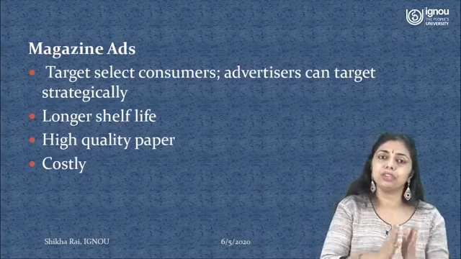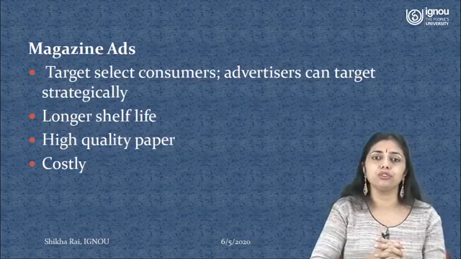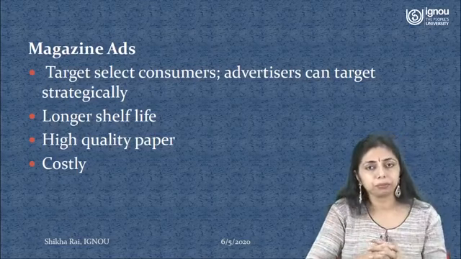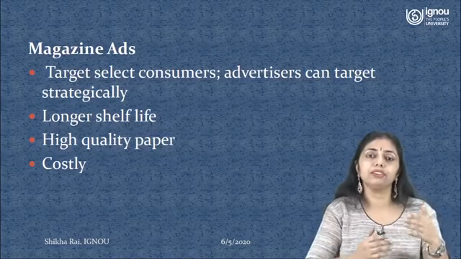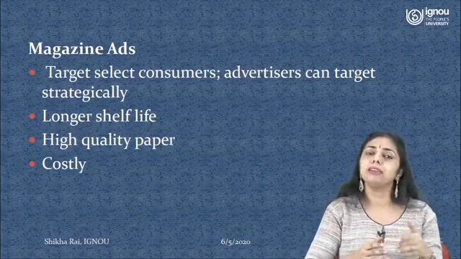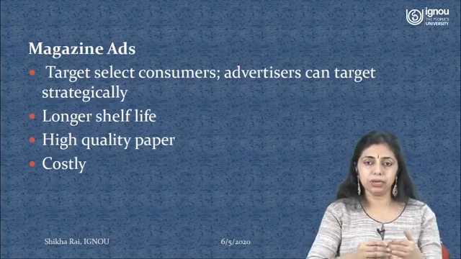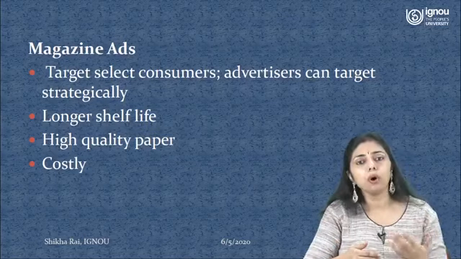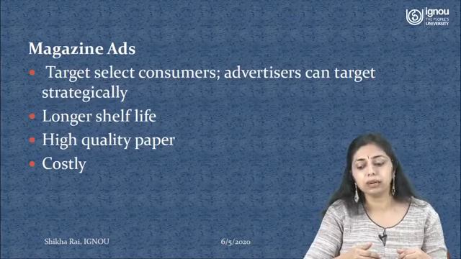They get attached in the magazines and they reach the consumer. So if I get a calendar, I pull it out and then I use it on my table. So there, the shelf life of the communication for the brand increases. And then of course it is much costlier because of the kind of quality of paper that is involved in it, the color reproduction is good. So all this makes it a little costly affair.